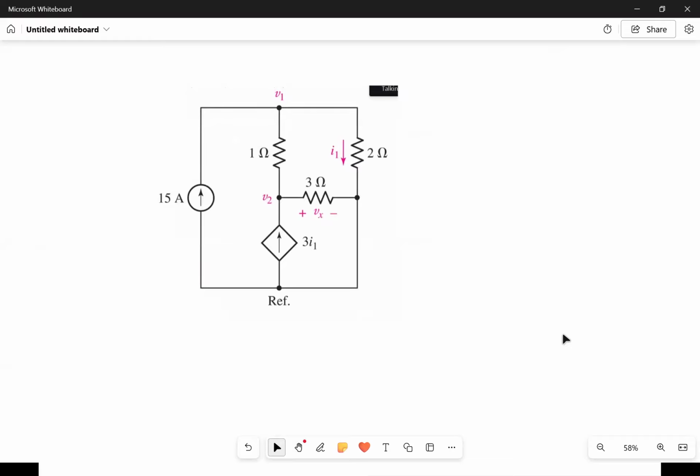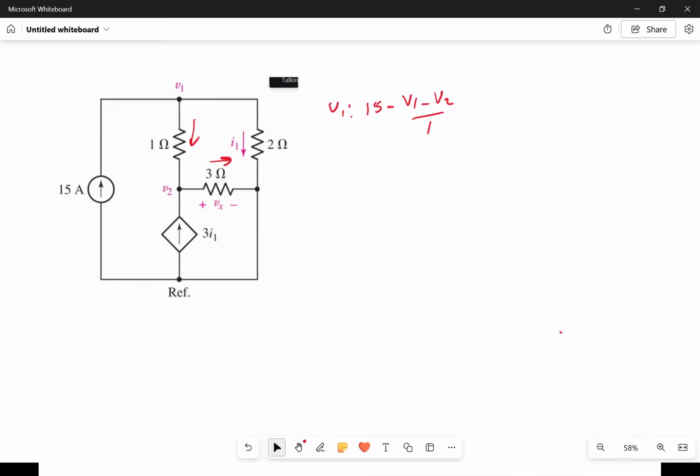So here we go. We'll do our approach. At the V1 node, we have 15 going in, so that's plus 15. Then we have minus (V1 minus V2) over 1, and minus V1 over 2.